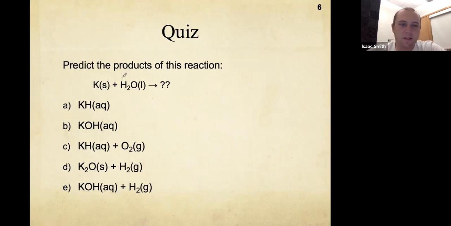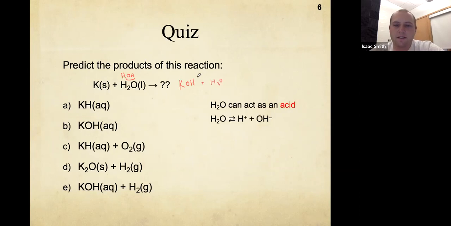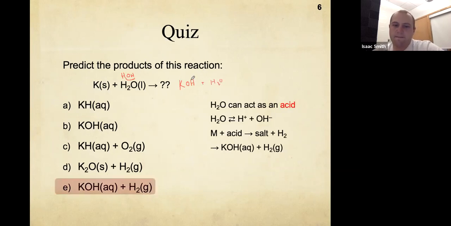I think the easiest way to look at it is to draw it like HOH, so you can see that if it loses a proton, it becomes hydroxide. Again, we have our metal mixed with the conjugate base. The conjugate base of water is going to be hydroxide, and then we should have hydrogen gas. Awesome, so E would be our answer.